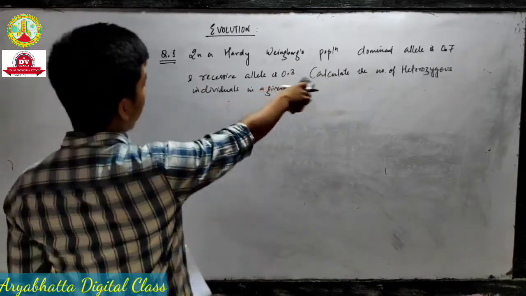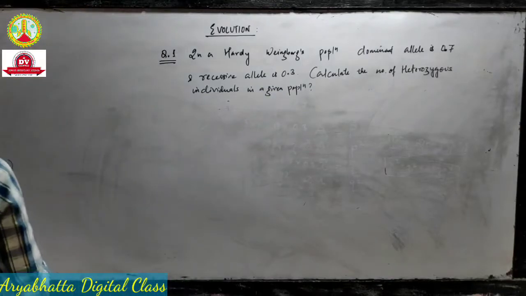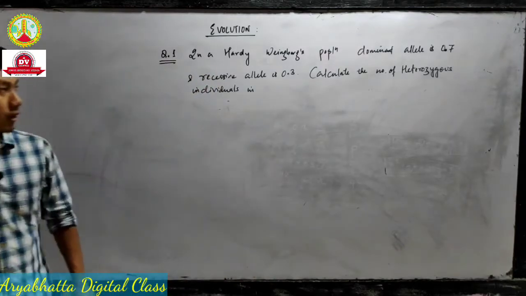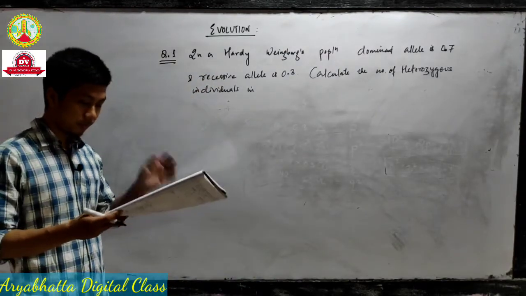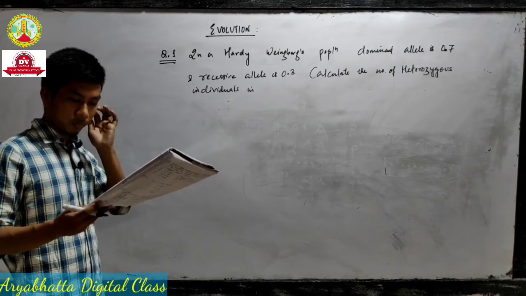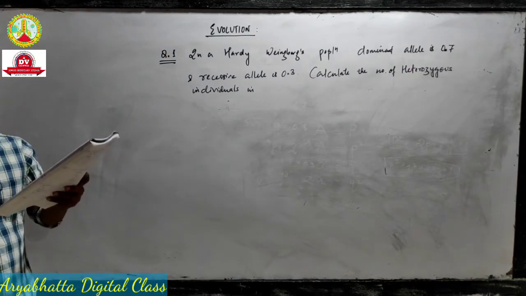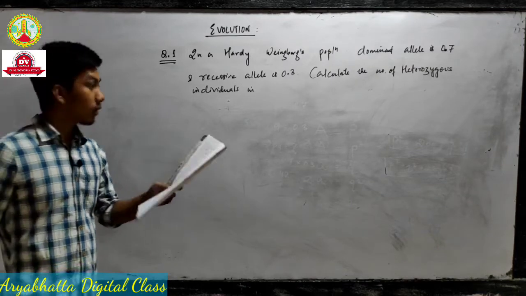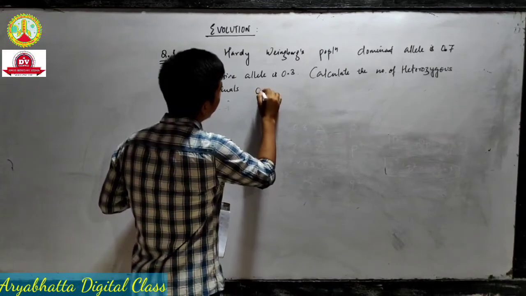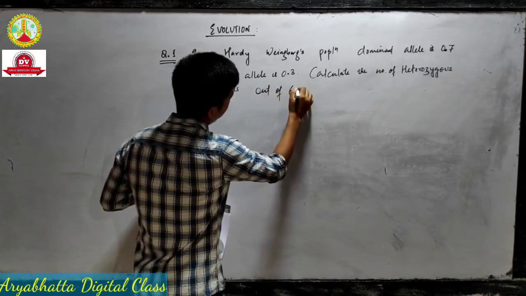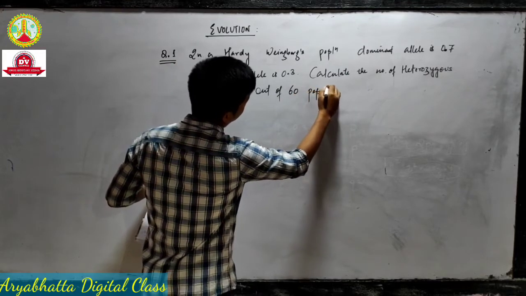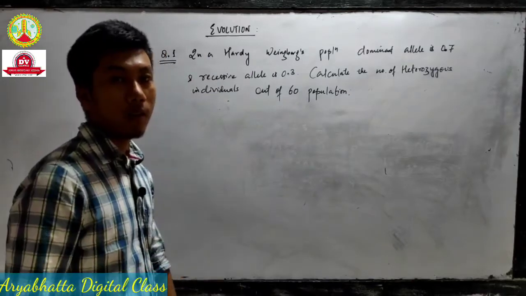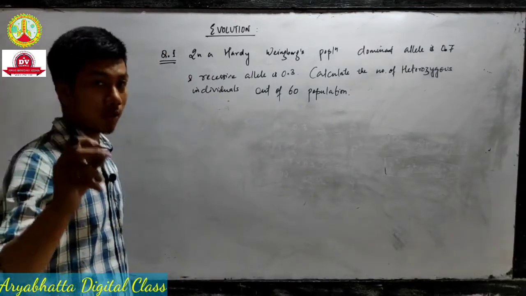In Hardy-Weinberg, calculate the number of heterozygous individuals out of a population of 60.